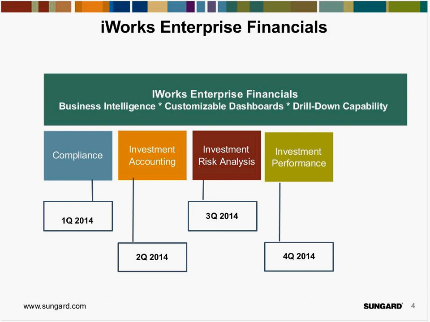We released this in the first quarter of 2014 with compliance. And since then, we've been coming out with more and more functionality to help people understand how well they're complying with the rules we talked about before, the type of actions their investment managers are taking, what risks they are taking, and finally, the final measure of performance. How well are we performing against our benchmarks, the standards that have been set out by us?